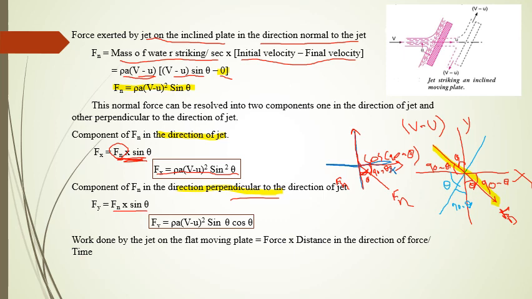Substituting the Fn value, we get Fy equal to rho A (V minus U) whole square into sin theta. Now we have to find the work done. What is the formula for work done? Force into distance. Force means Fx, into distance.